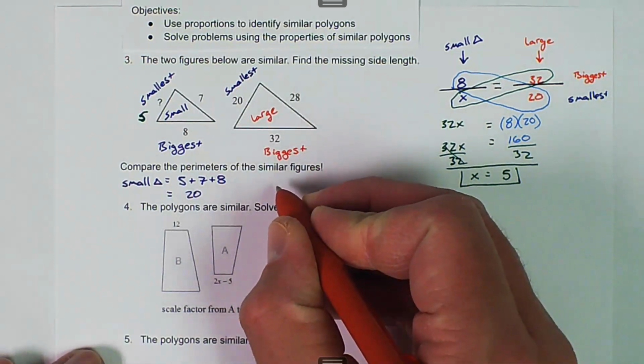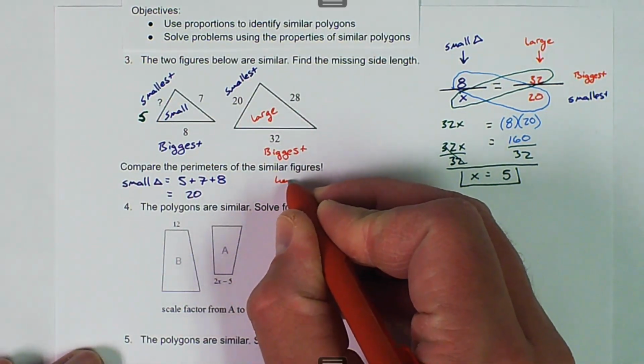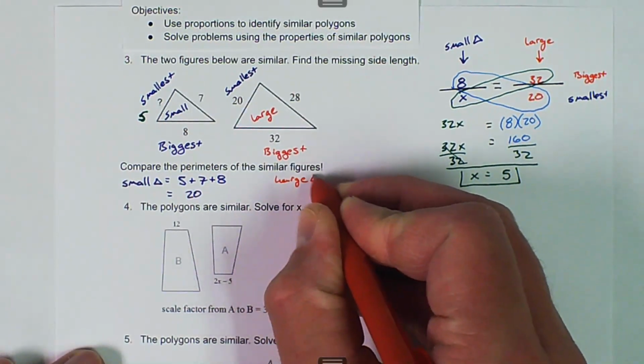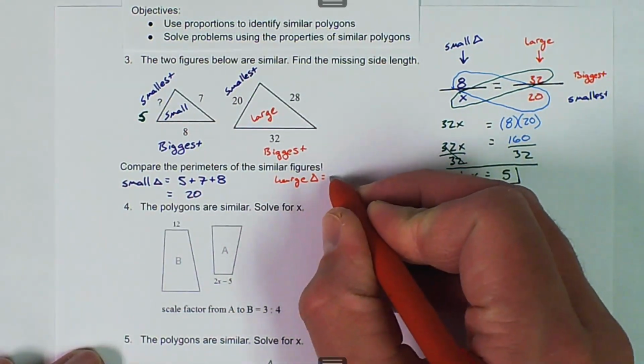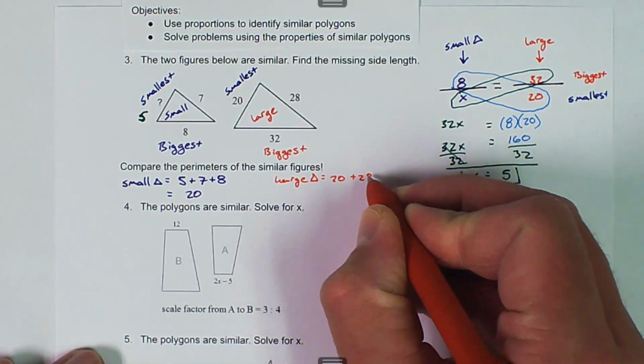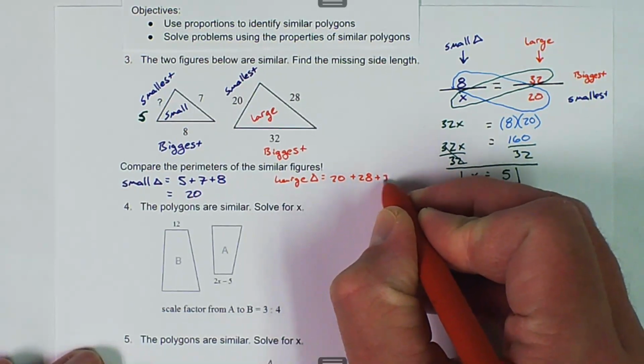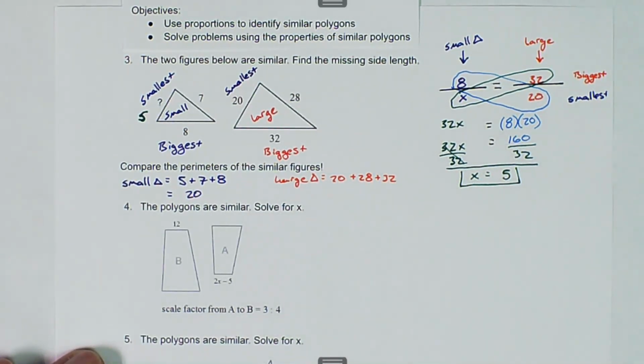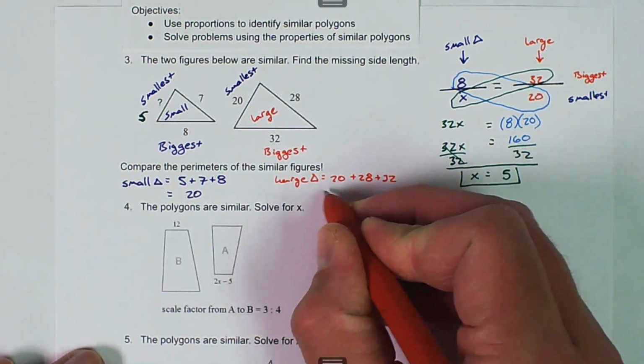And the perimeter of the large triangle is 20 plus 28 plus 32. And so that ends up being 80.